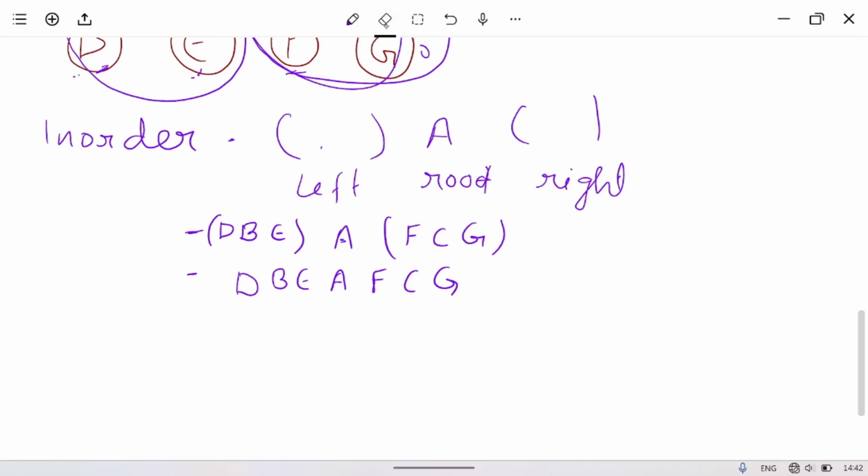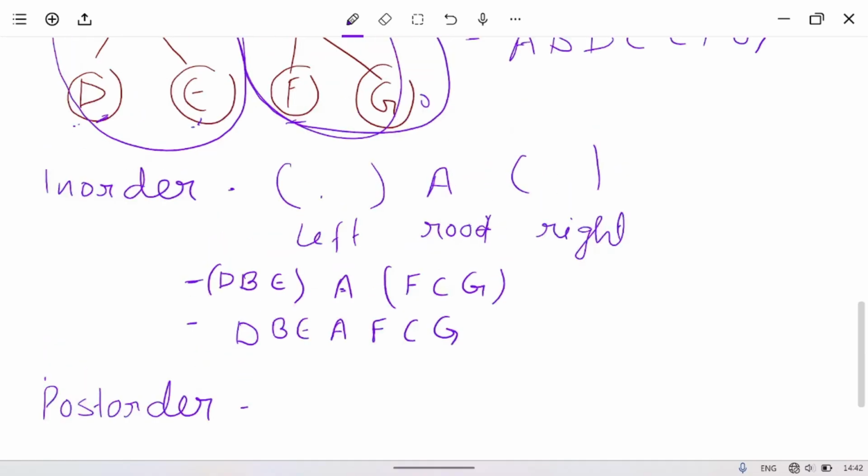We have seen how to do traversal for inorder and preorder for a bigger tree or bigger problem. Now post order traversal.